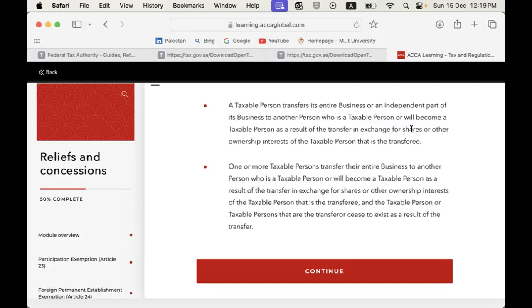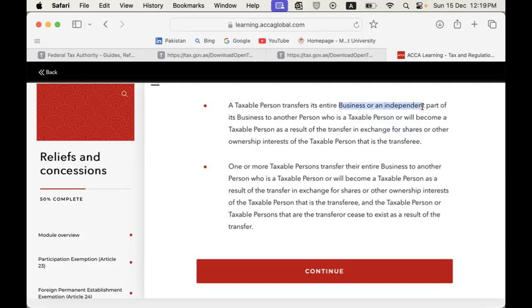In exchange for shares. Here, what we are saying is that the persons from whom we are acquiring the business, because here they did not write acquisition of shares, that's not the intent of this article. We are not acquiring shares of the company.